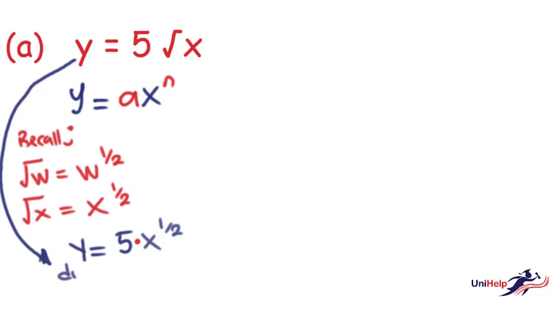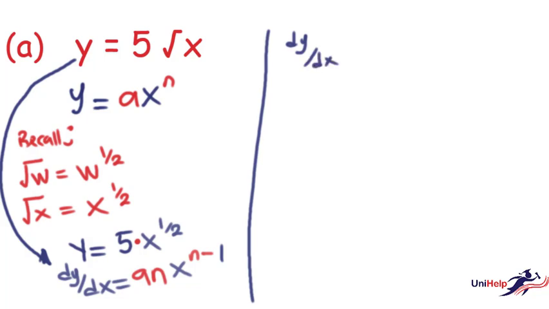That is, dy/dx is equal to anx to the power n minus 1, which in this case is 5, which is a, times n, which in this case is 1 over 2, x raised to the power n minus 1, which is 1 over 2 minus 1, which is equal to 5 times 1 over 2, which is 5 over 2, x raised to the power negative 1 over 2.